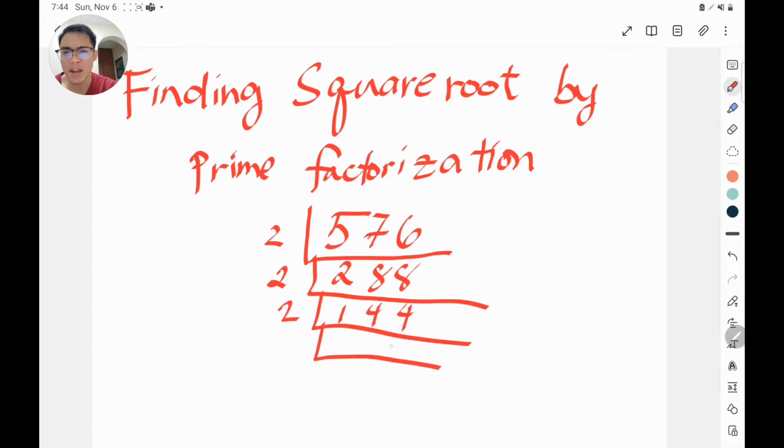Again, we can just keep dividing by 2 until we find another number to divide it by. So let's try it. That becomes 72, then divided by 2 becomes 36, and then 36 divided by 2 becomes 18, and 18 divided by 2 becomes 9.